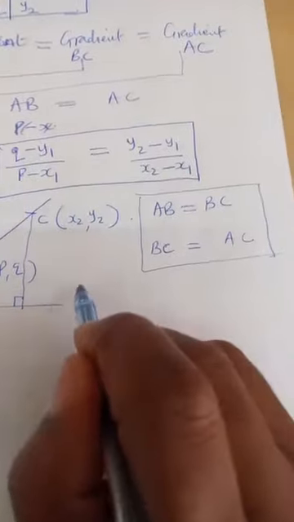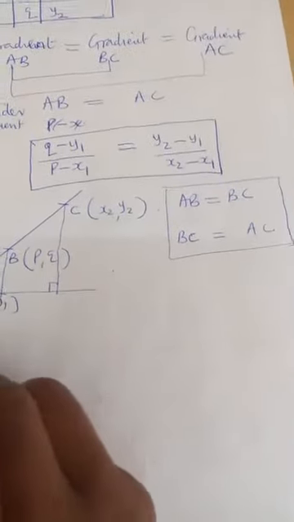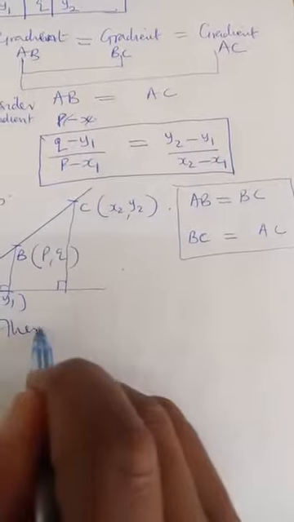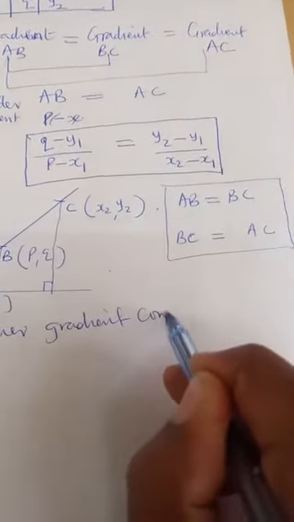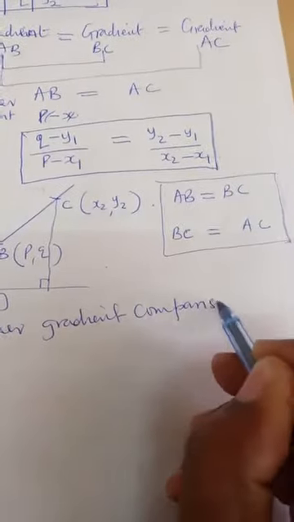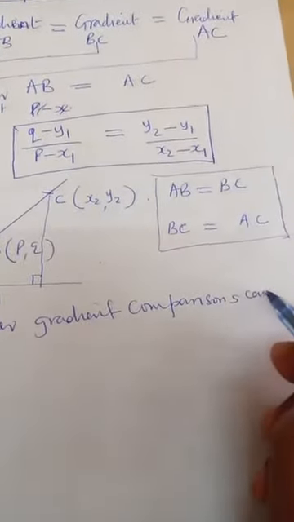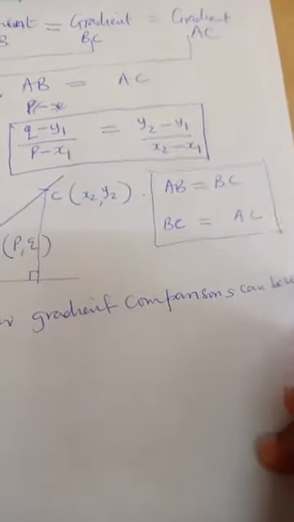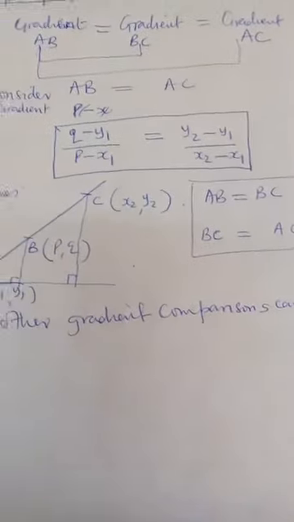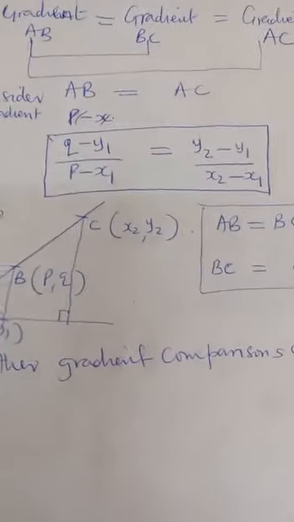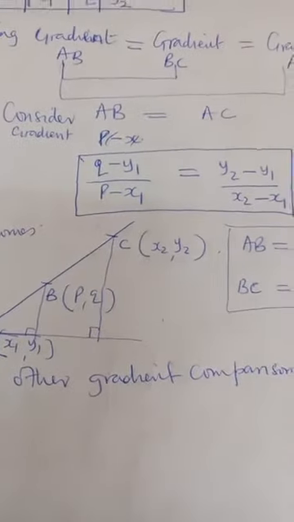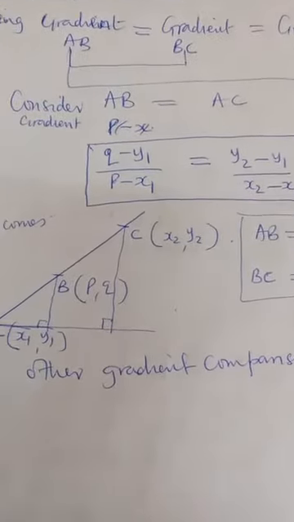So I can say, note that other gradient comparisons can be used. You should not be rigid to only what has been shared in class, but we should know that other gradient comparisons can also work.